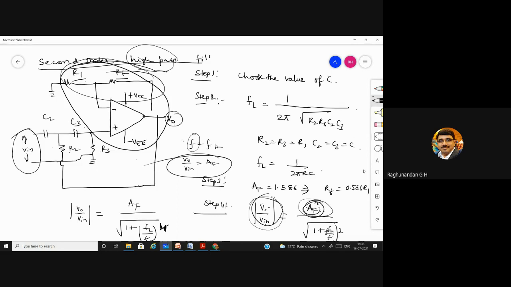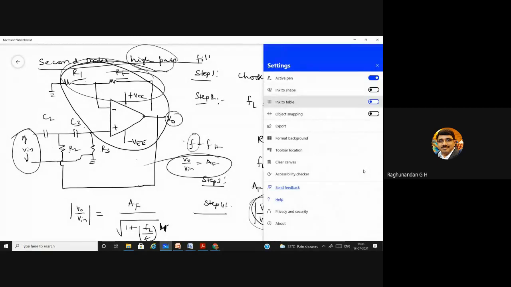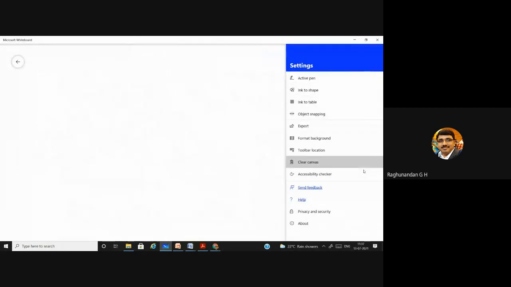Remember, this is the gain which is given by the overall circuit. This is the gain which is given by the feedback circuit, and this is the gain which is being expected, because of which the feedback network is designed. Okay, this is about the second order high pass filters.